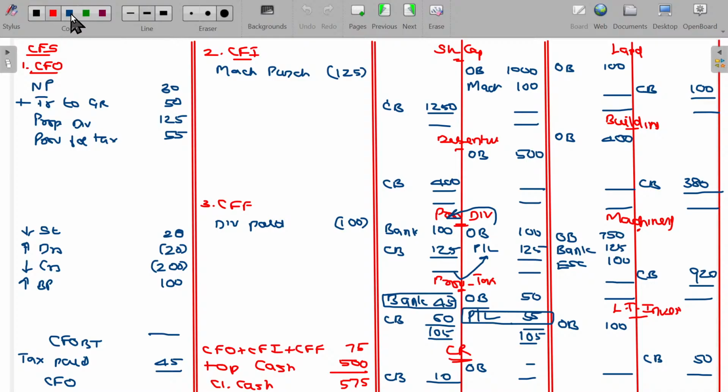In your capital reserve, you have 10 rupees as closing balance, maybe because of profit on sale of investment. Usually, profit on sale of any asset is transferred to the P&L account credit side, but here this profit is credited to the CR account. Initially we have no balance and later we have 10 rupees, meaning the increase in capital reserve is due to the profit on sale of investment.